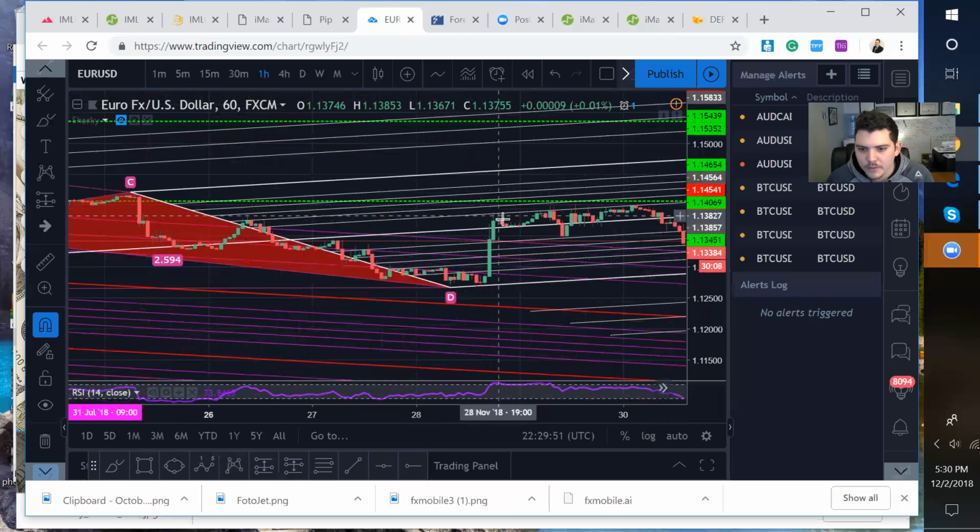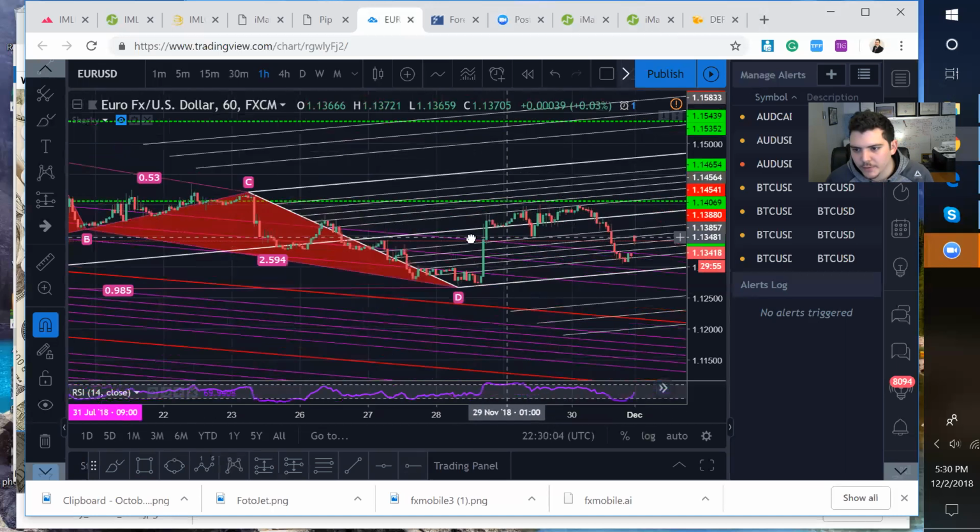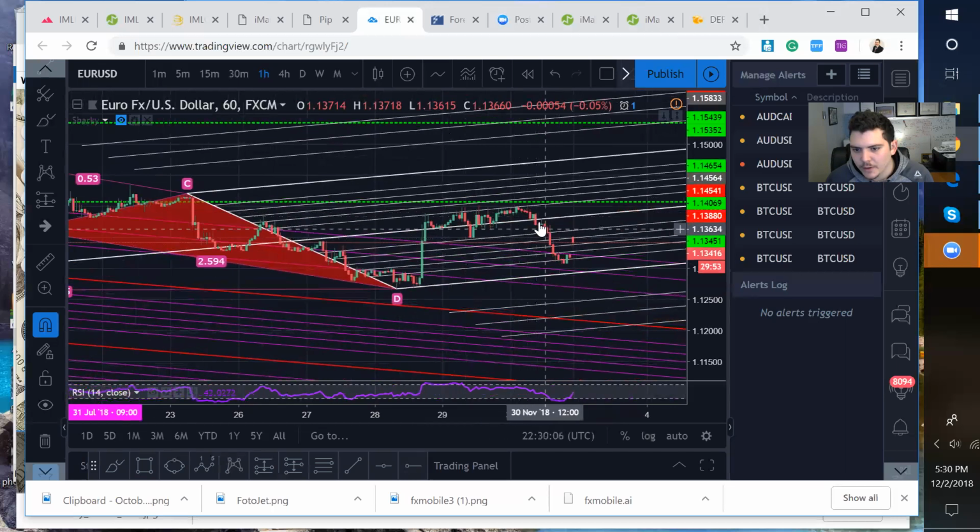Broke, retested to the pip, and then it went up for the buy, tapped, came down, and it'll do this over and over again. Broke, retested to the pip, and then it broke down.